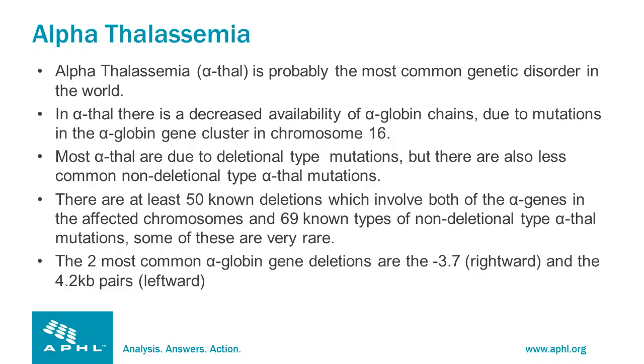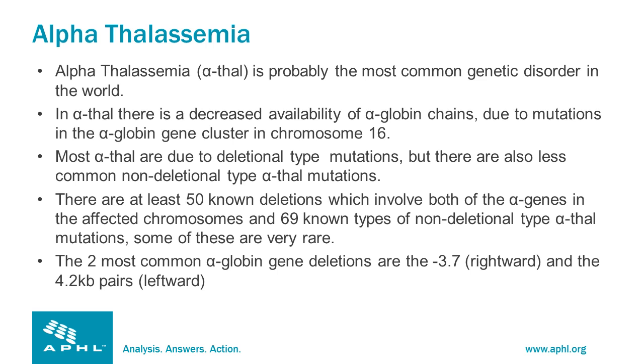Alpha thalassemia mutations are probably the most common mutations in the world. And most of the alpha thalassemia mutations are due to deletions in the alpha globin gene. But we also have less common non-deletional type alpha thal mutations leading to some hemoglobin variants that are going to give an alpha thal phenotype.